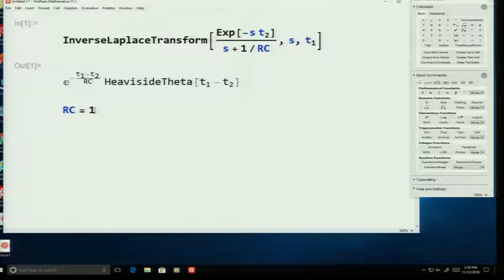If you want to, you can say T1 minus T2 is tau.